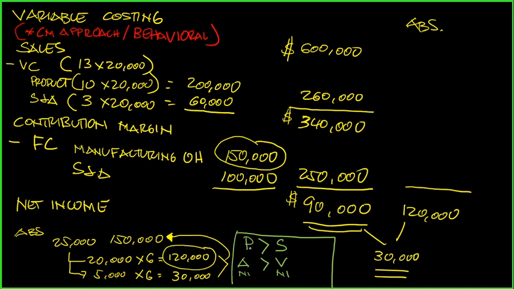Ayan, tatandaan ninyo to. Kahit ito lang, P and A. If P is higher than S, A is higher than V. Okay, so that's how the net income of this costing method behaves in relation to production and sales.